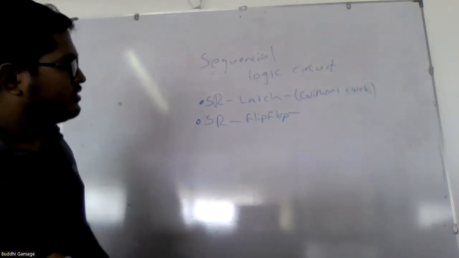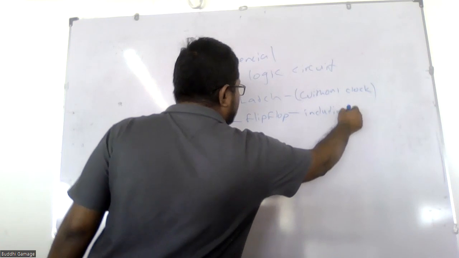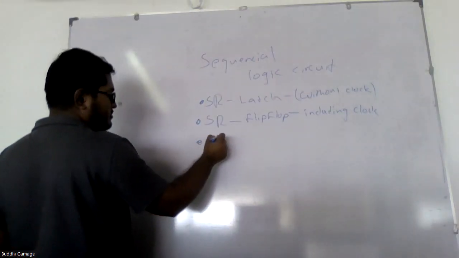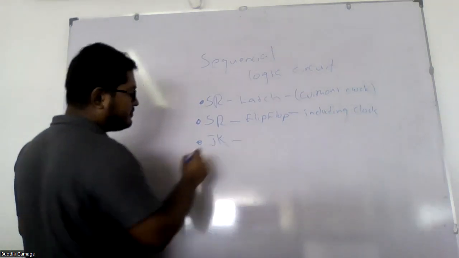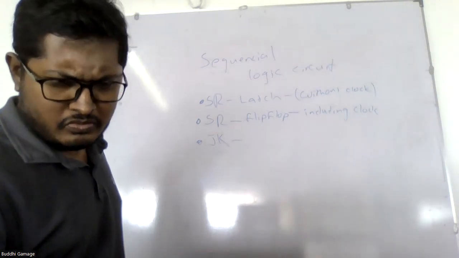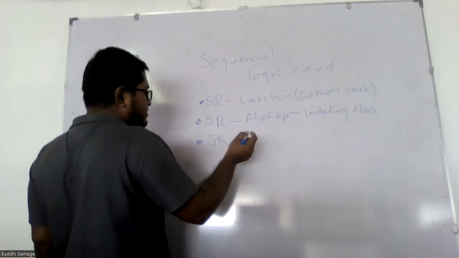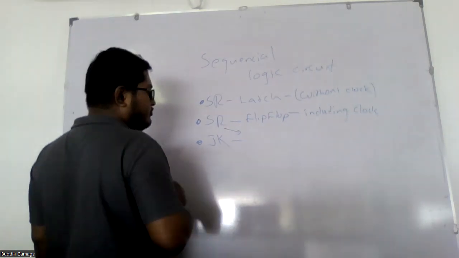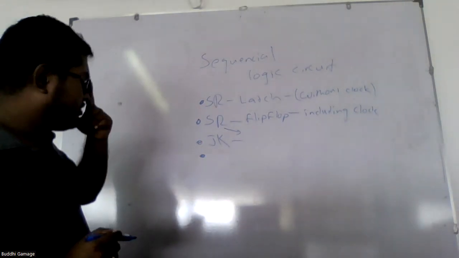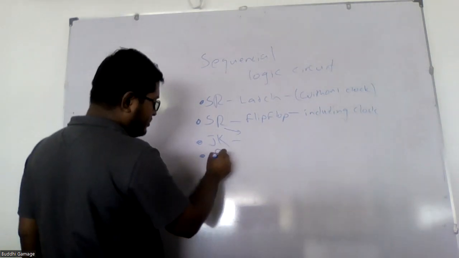And today we learn about the JK and D flip-flops, which are some variations of this flip-flop. By using the JK flip-flop, we can create a binary counter.